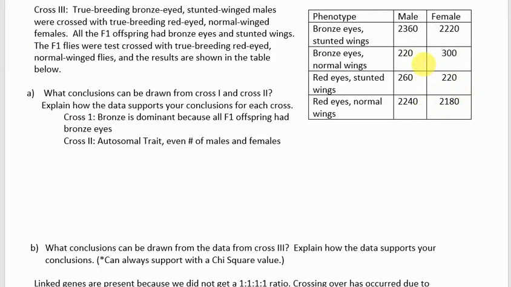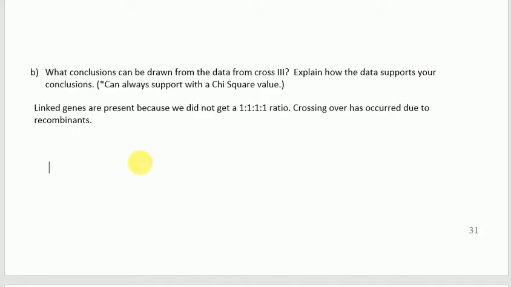Because if we add these up, in the males, for instance, 220 plus the 260, and we divide that by the total, then we are going to get 0.10, multiply that, it would be 10%.